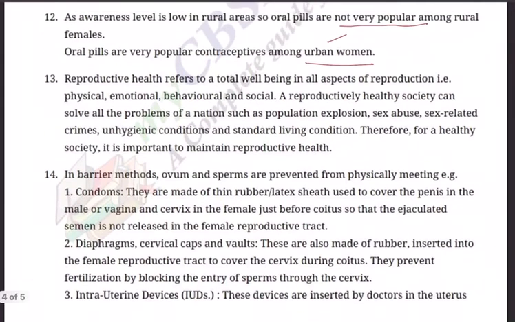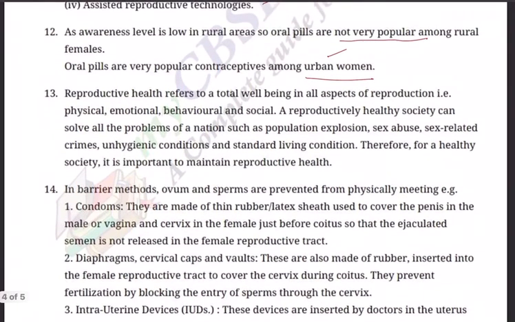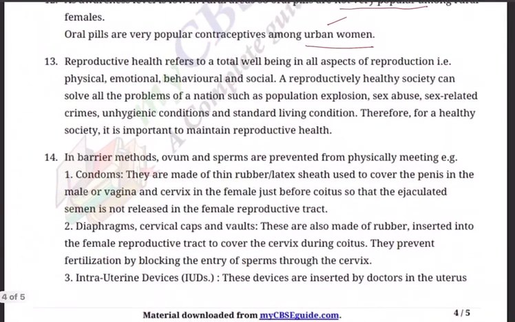Question number 14. In barrier methods, ovum and sperms are prevented from physically meeting. Okay. First one is condoms. They are made of thin rubber or latex sheath used to cover the penis in the male or vagina and cervix in the female just before coitus, so that the ejaculated semen is not released in the female reproductive tract.